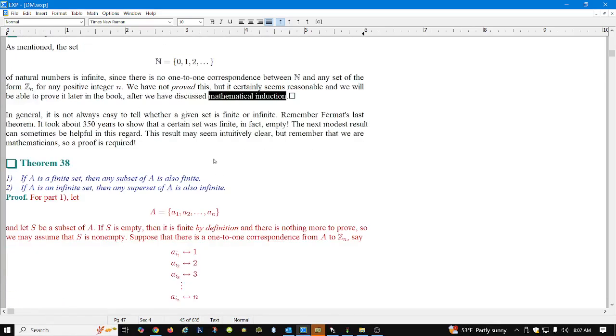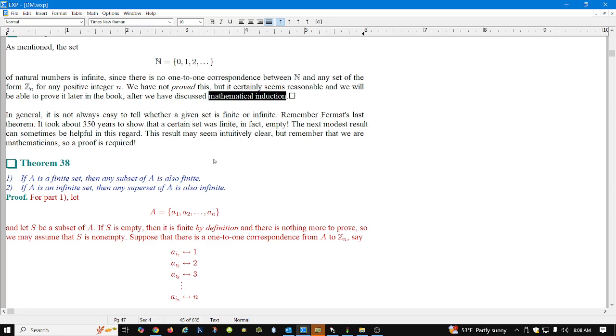In general, it's not always easy to tell whether a given set is finite or infinite. In fact, remember Fermat's last theorem that we discussed. Fermat said the set of exponents greater than 2 for which there's a solution to the equation x^n + y^n = z^n is empty.